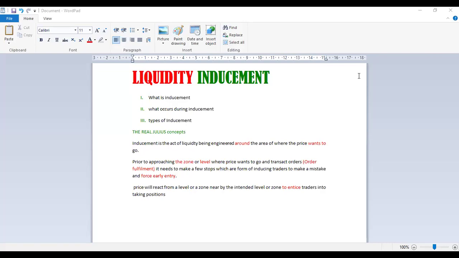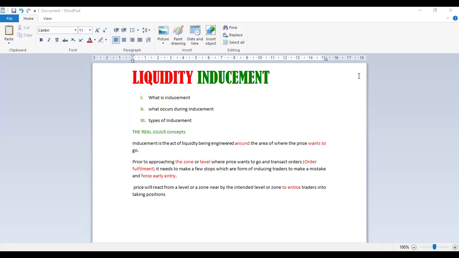Today I want us to talk about liquidity inducement. What exactly is inducement? What occurs during inducement, and what are the types of inducement? In the most basic way, inducement is the act of liquidity being engineered around the area where the price wants to go.